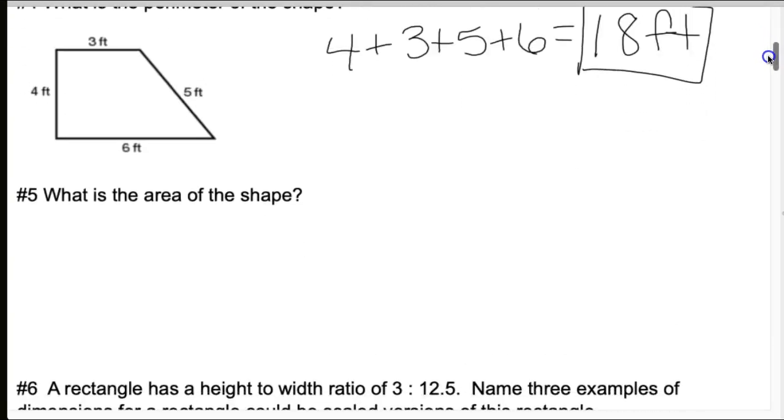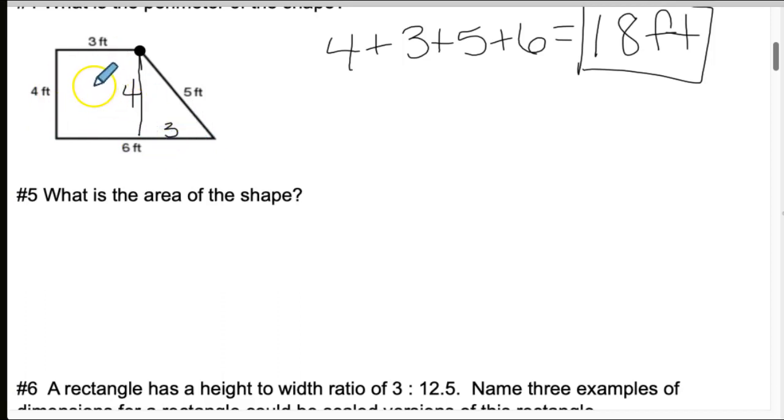Number 5, what is the area of the shape? Right now, I can break this shape into 2 pieces. I could take this one and go down here. So then I could multiply. This is a square and a triangle. This would be a 4. If it's 3 to here, and I know the shape probably doesn't look perfect, but if this total bottom piece is 6, and from here to here is 3, then here to here is 3.